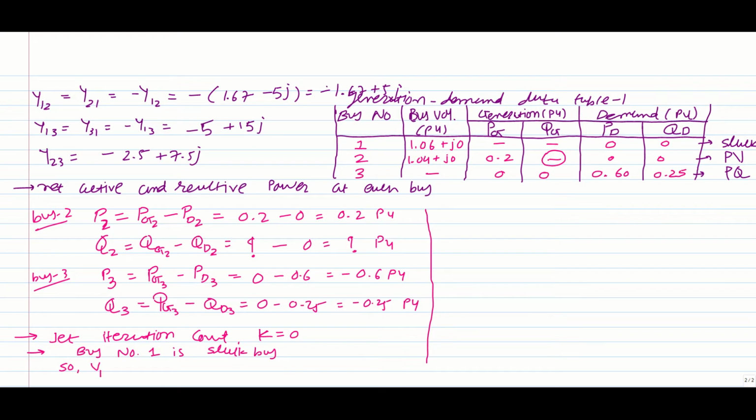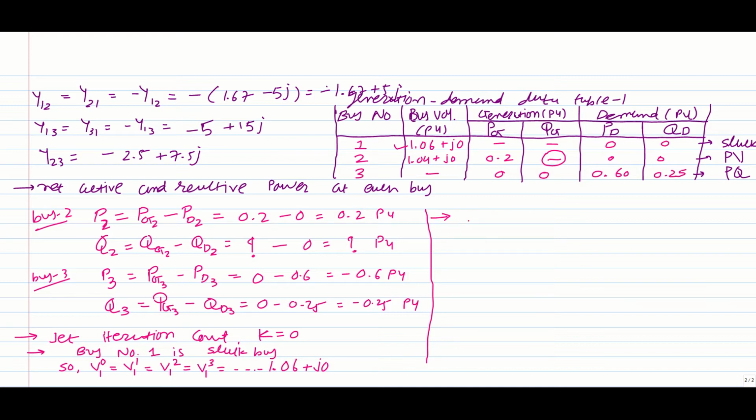So, bus number 1 voltage at 0, at first iteration, at second iteration, at third iteration, and so on will remain as it is given in the example, which is 1.06 plus J0. Clear?